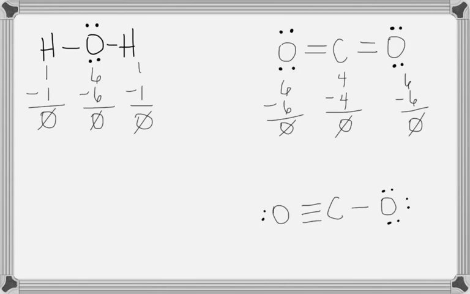Yeah, that uses 16. Okay. Does everything have an octet in that one? Yes. Do you see that what I just drew, the answer to both of those little check questions is yes? Yes, I use 16. Yes, everything has an octet. So how am I going to decide which one's better, the one at the top or the one at the bottom?